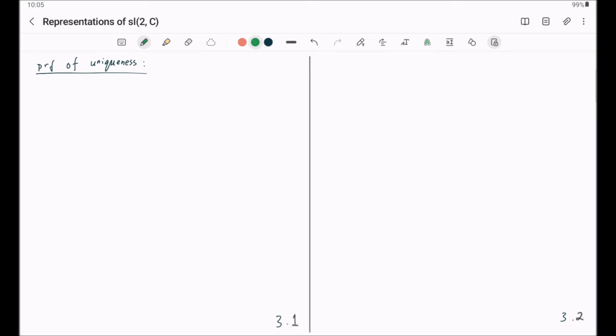I'll start with the idea of the proof as usual. The idea is as follows.